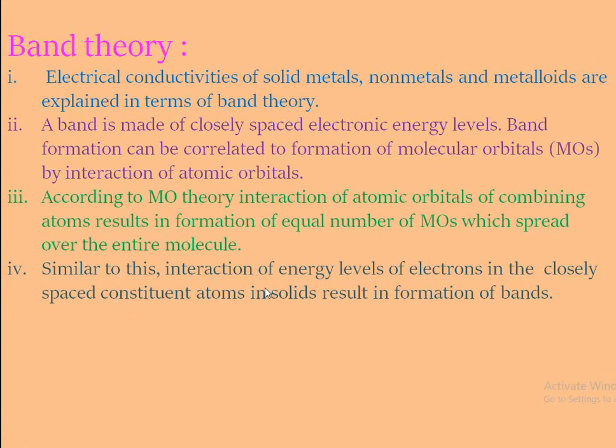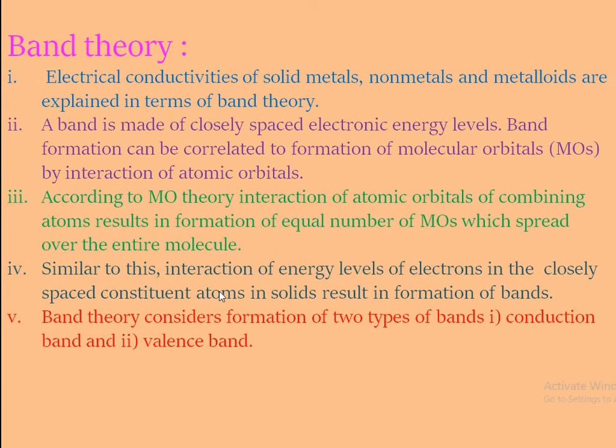Similarly, the interaction of energy levels of electrons in the closely spaced constituent atoms in a solid results in the formation of bands. That is, these energy levels combine together and form broad bands.